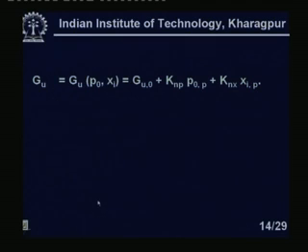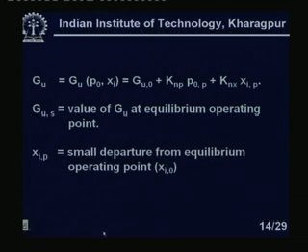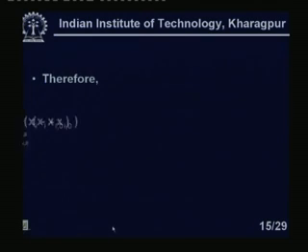Here GU equals GU0 plus KNP·P0P plus KNX·XiP, where GU0 is the value of GU at the equilibrium operating point and XiP is the small departure from the equilibrium operating point Xi0.